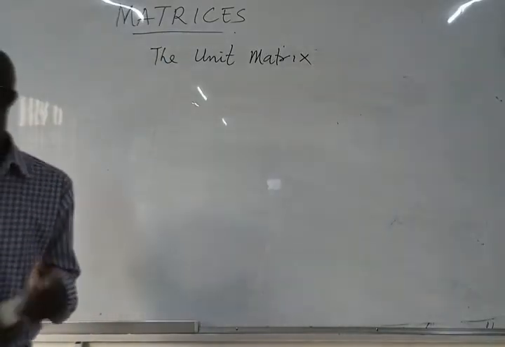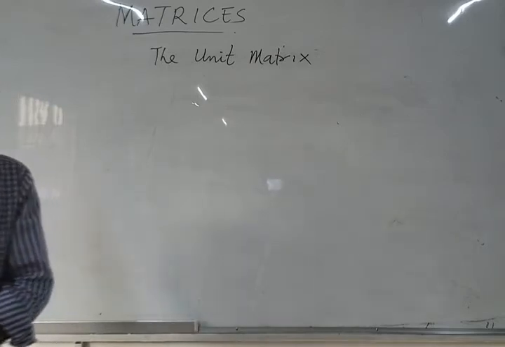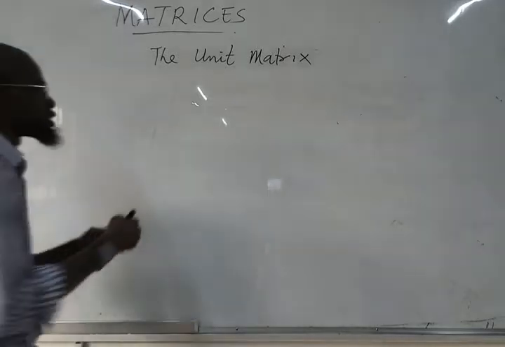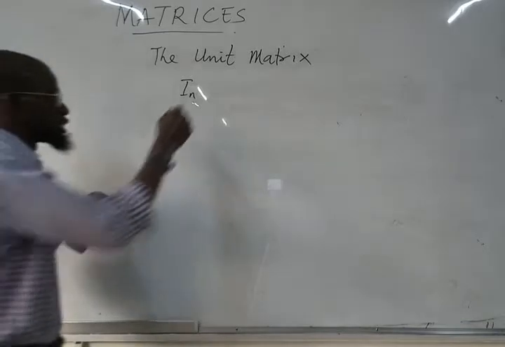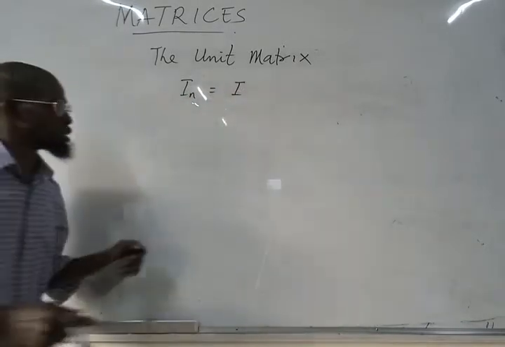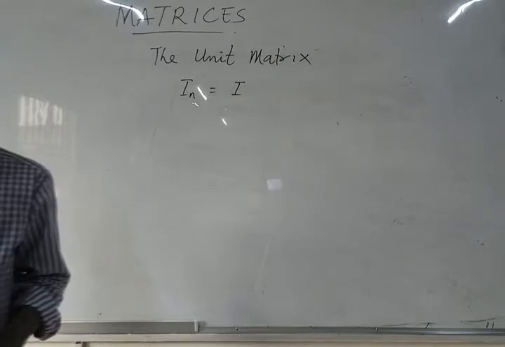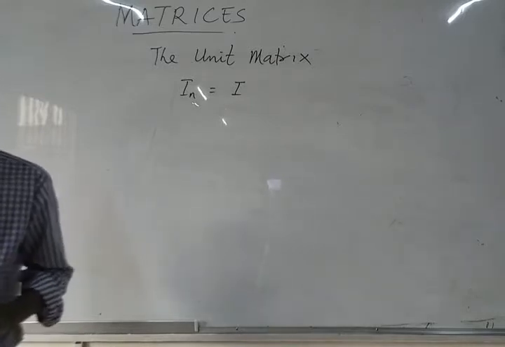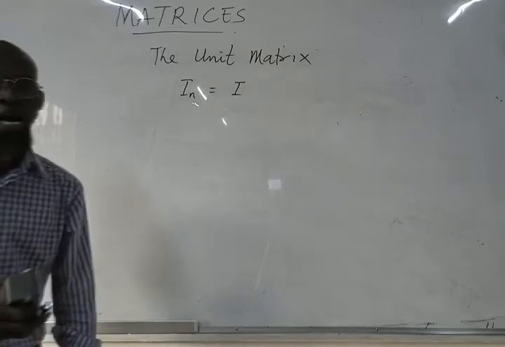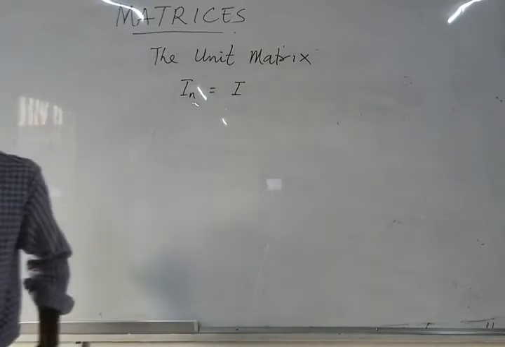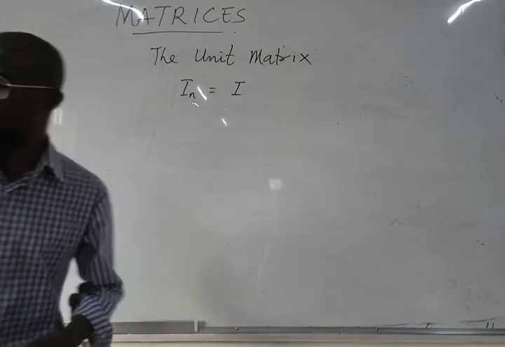The unit matrix, or the identity matrix, is another name for this unit matrix, which is denoted by I subscript n, or often simply denoted as I. It is the diagonal matrix of order n, that is, the order of that diagonal is n, in which all diagonal elements are 1.